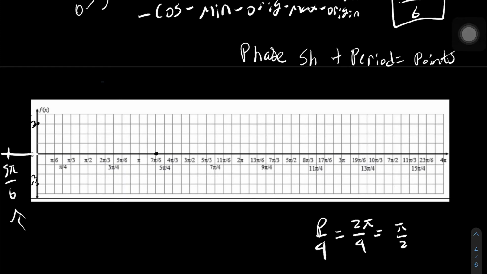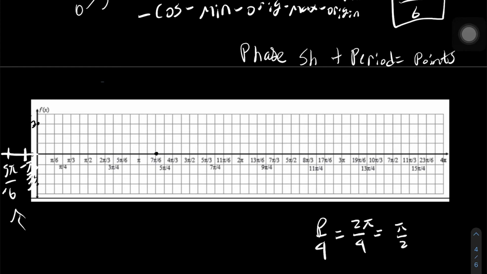So we have negative 5 pi over 6 plus pi over 2, which is 3 pi over 6, giving us negative 2 pi over 6, which is negative pi over 3. So our second point would be right here at negative pi over 3.